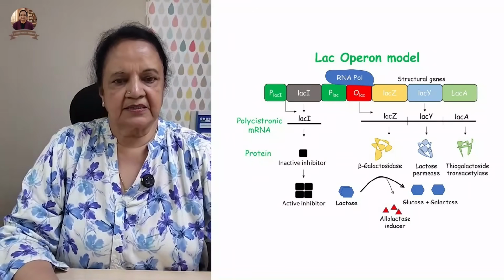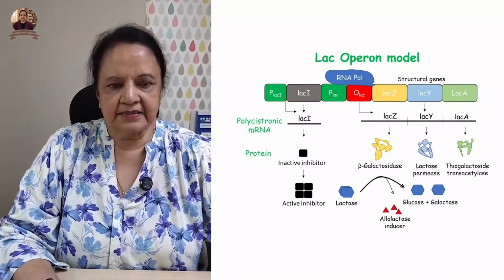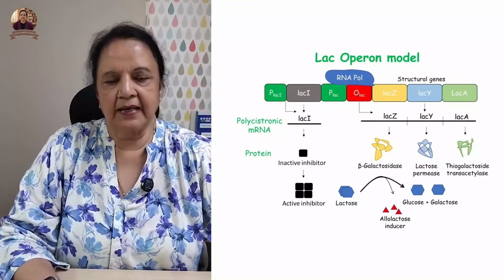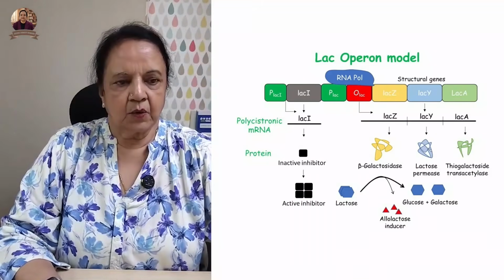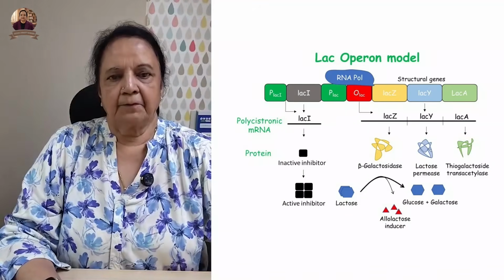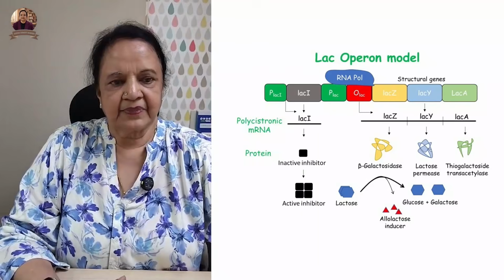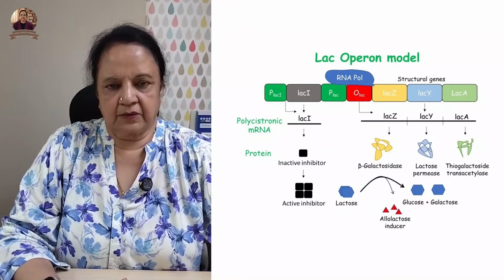The operon consists of structural genes, that is LacZ, LacY, and LacA. They code for the enzymes beta-galactosidase, permease, and transacetylase needed for lactose breakdown.